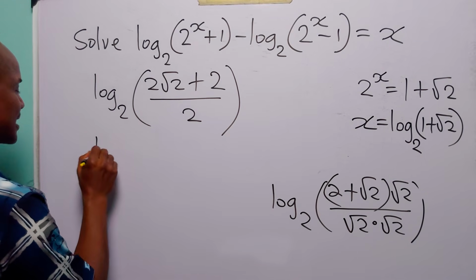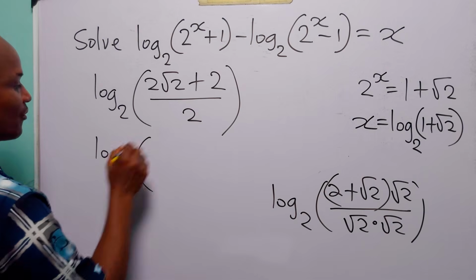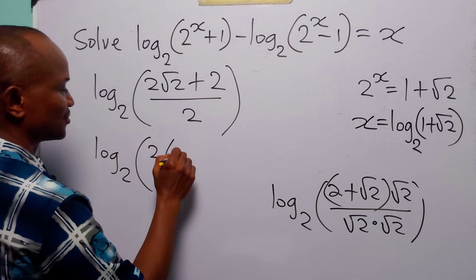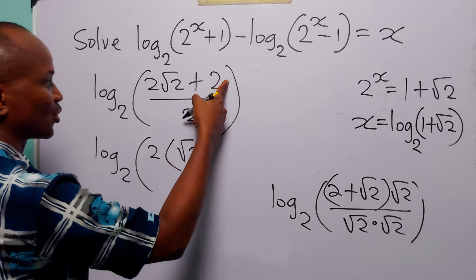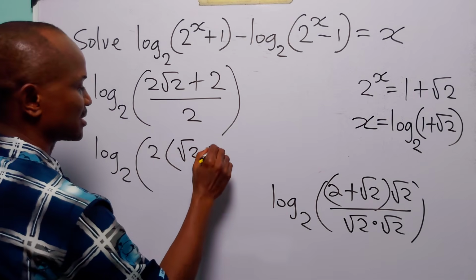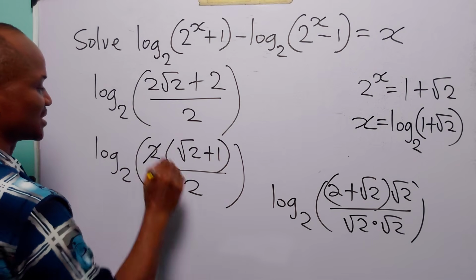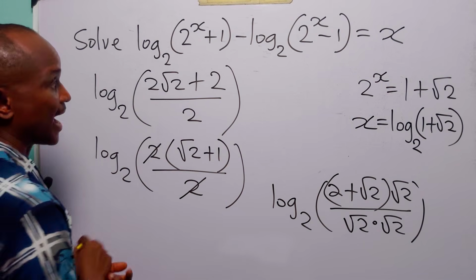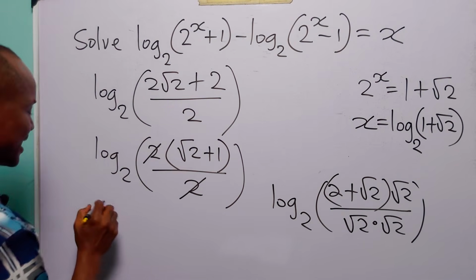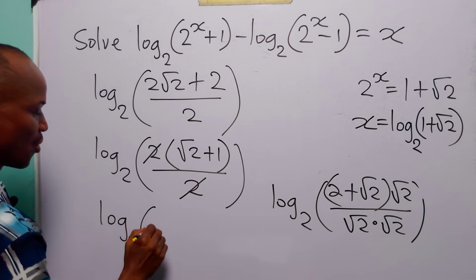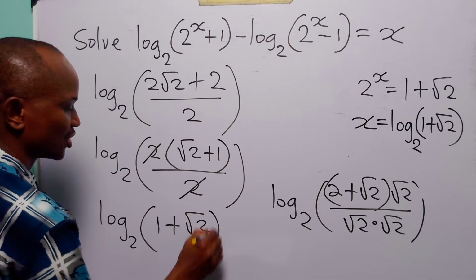Now we can write this as log base 2 of 2 root 2 divided by 2 is root 2, and 2 divided by 2 is 1. Of course, this is going to cancel that. And on the left hand side, we are left with log base 2 of (1 plus root 2).